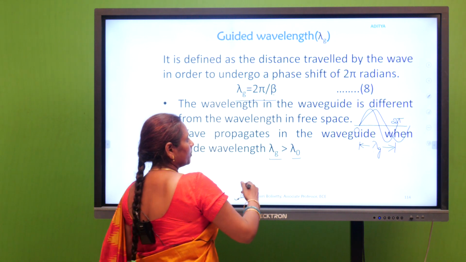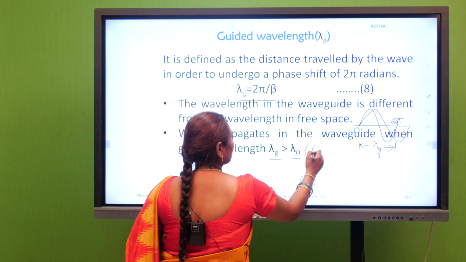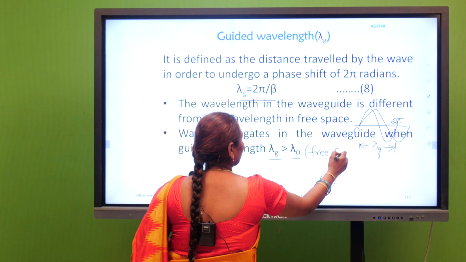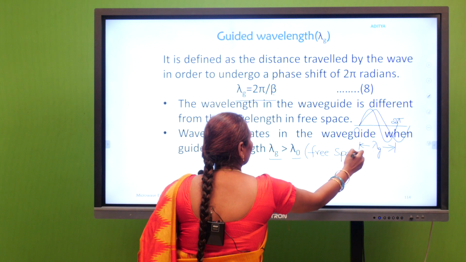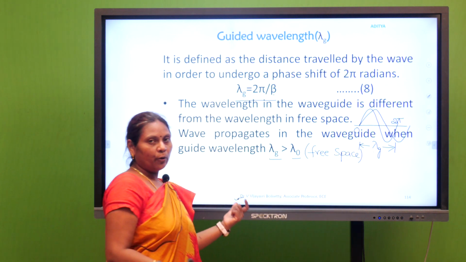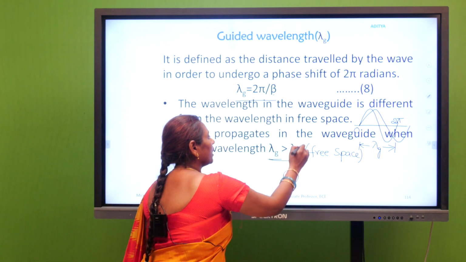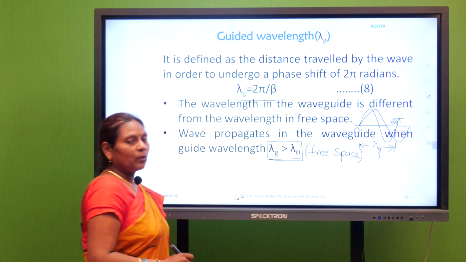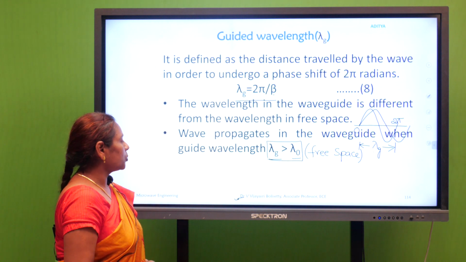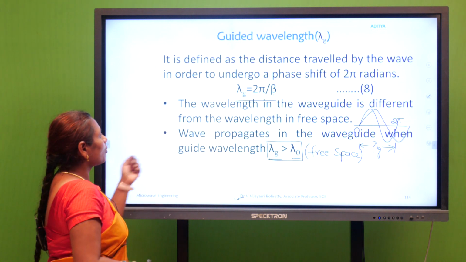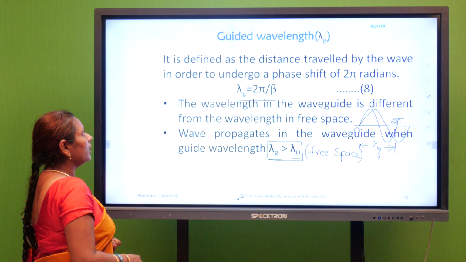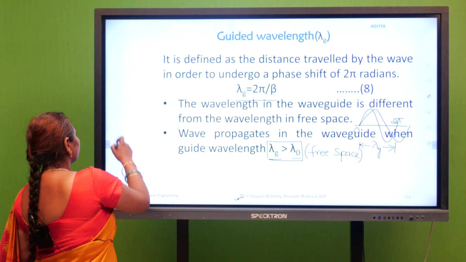Lambda naught is the wavelength in free space and lambda g is the wavelength in the waveguide; always lambda g is greater than lambda naught, the free space wavelength. These are some important properties of the guided wavelength.